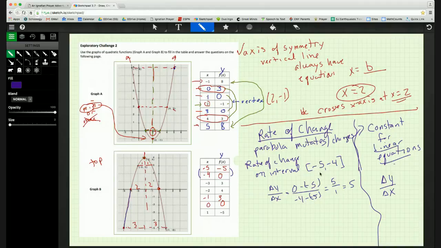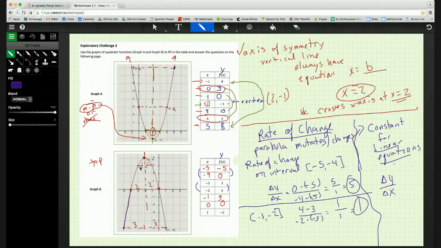Now, I can look at our average slope also on the interval from, let's say, -3 to -2. So from here to here. And here I would go 4 minus 3 over -2 minus -3. So that's 1 over 1.